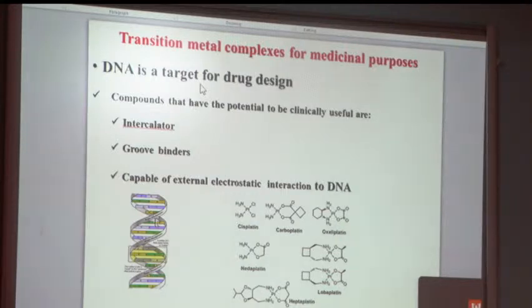with especially the genetic material, the DNA, because disease-causing bacteria, for example, cause the problem by multiplication.